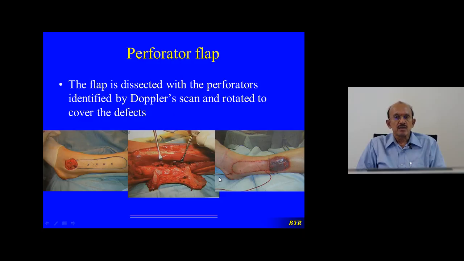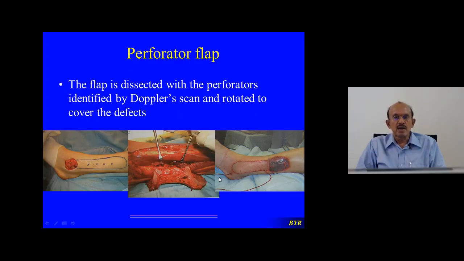So there are two types of flaps: random pattern flap, where the breadth to length ratio of the flap is 2:1. Then there is the axial pattern flap, where a blood vessel will be there for the flap to supply its nourishment.